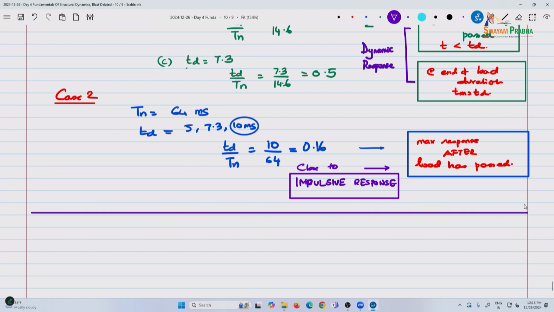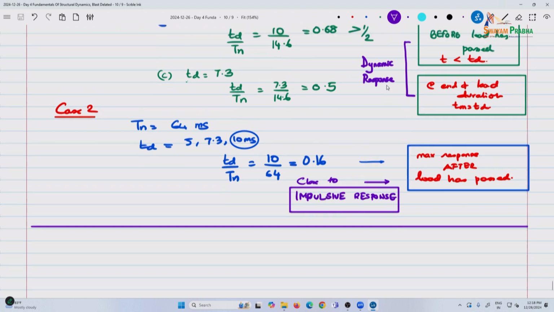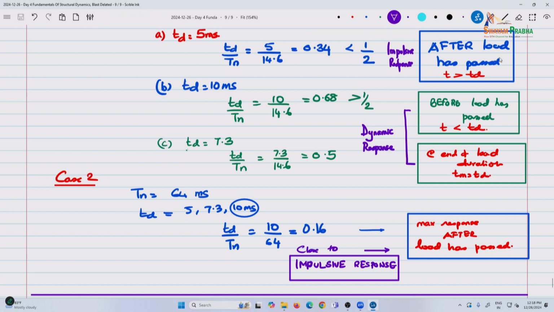So, any questions? Td by Tn, even if it goes up to 0.1 and below, in this case, I would definitely say it is very close to an impulsive response. In all of these, this would still perhaps be dynamic too.